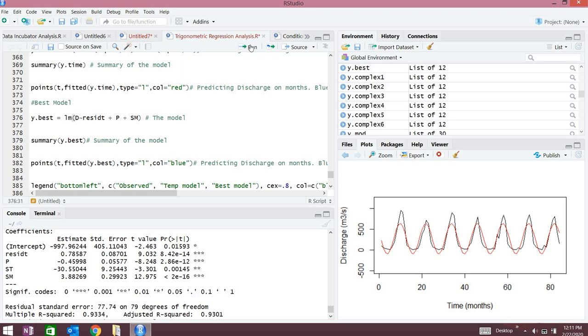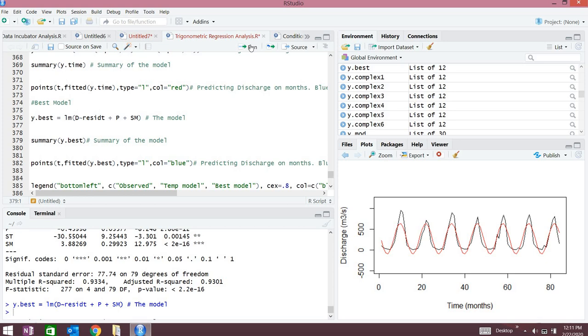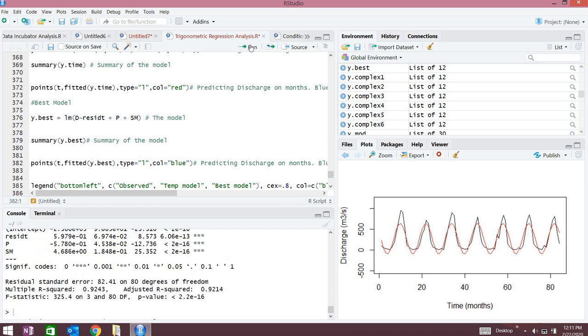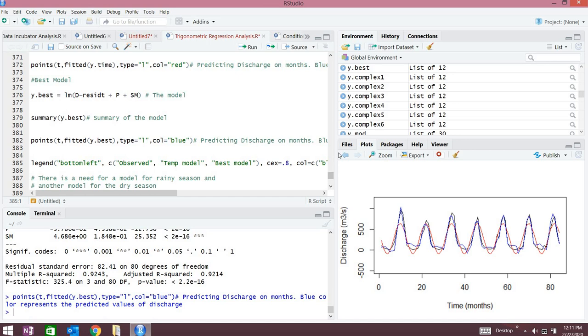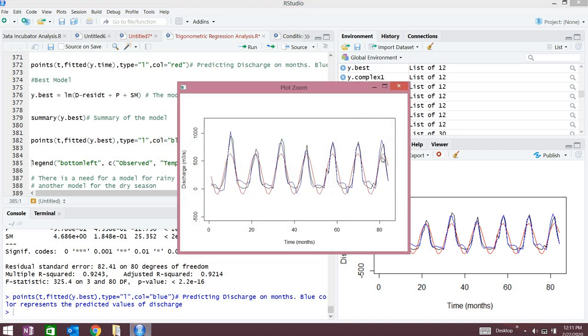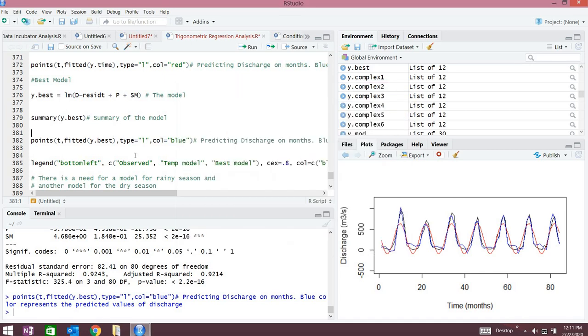Let me take P plus Sn, and I will come back to it, and then we fit it. Observe temporal and the best model. Fitted for best.